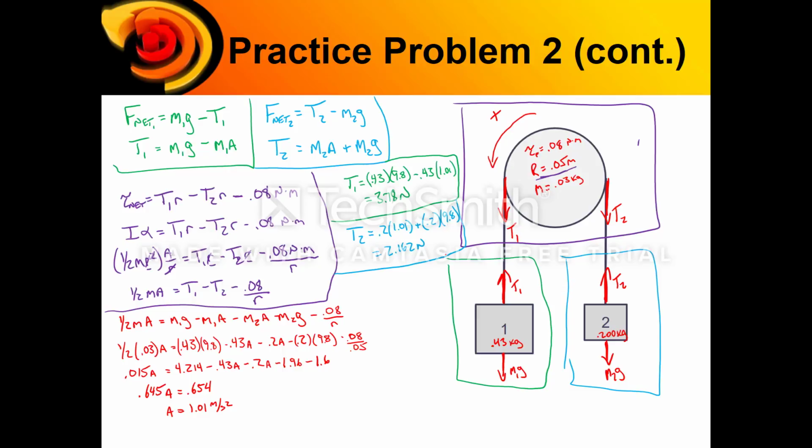You do the net torque equation for the pulley or the rotating object. Solve for the acceleration. Maybe they give you the acceleration. The first steps are still the same. You have to get those net torque equations and the net force equations. Otherwise, you won't have enough information to solve for anything else.